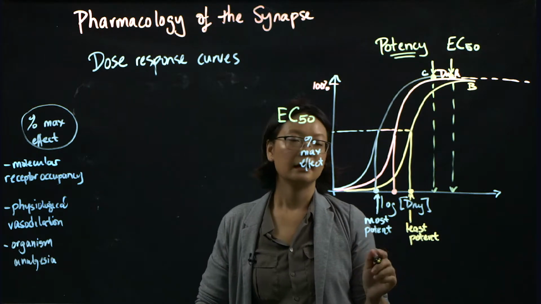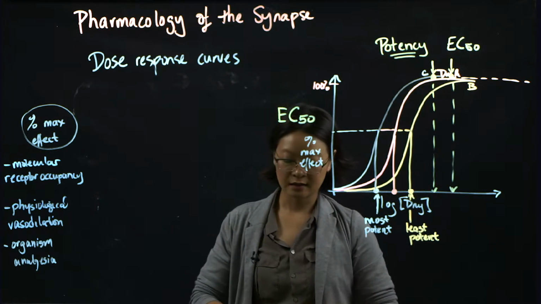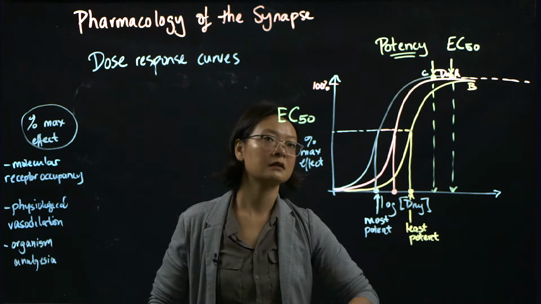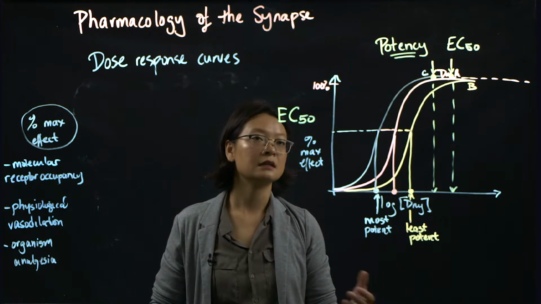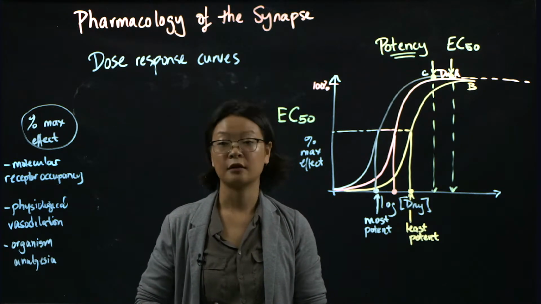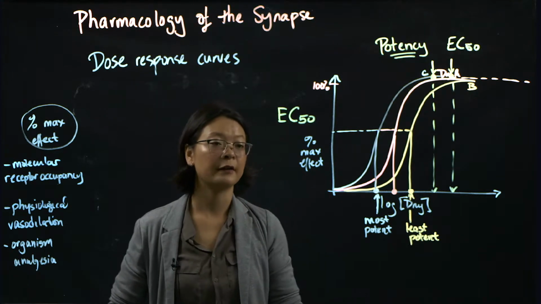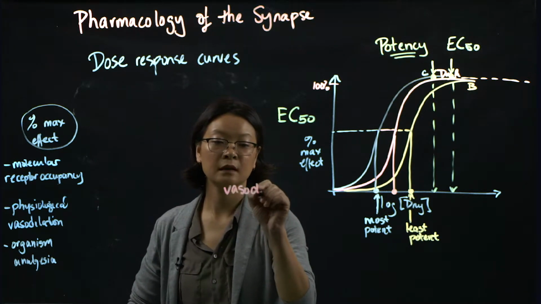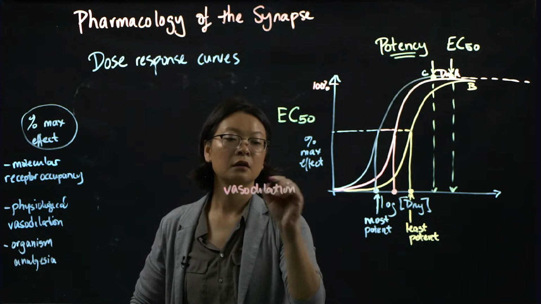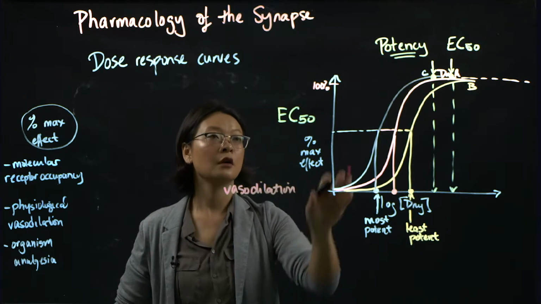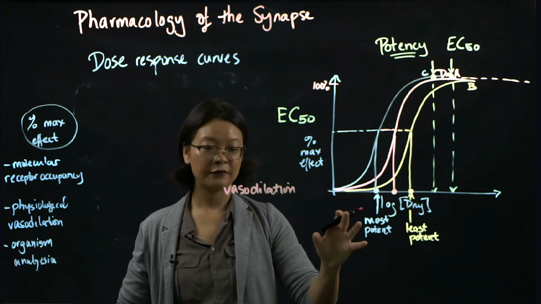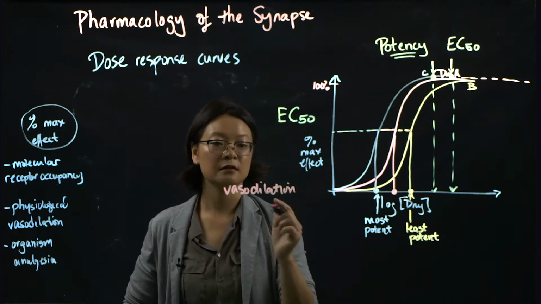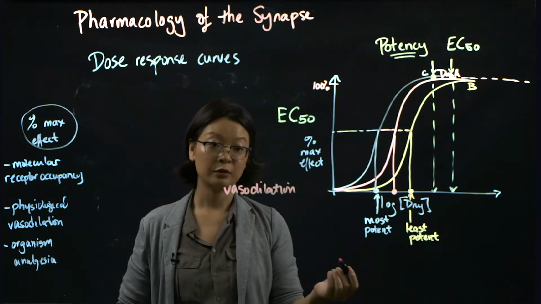Second of all, in medicine and in therapeutic benefits, you often don't need an EC100 to produce a therapeutically beneficial effect. So, for example, if we were talking vasodilation, we don't really need a drug to cause 100% efficacy to dilate all your blood vessels if you're trying to treat high blood pressure.